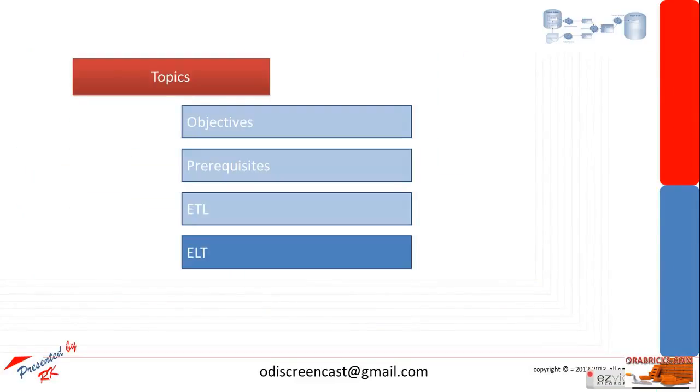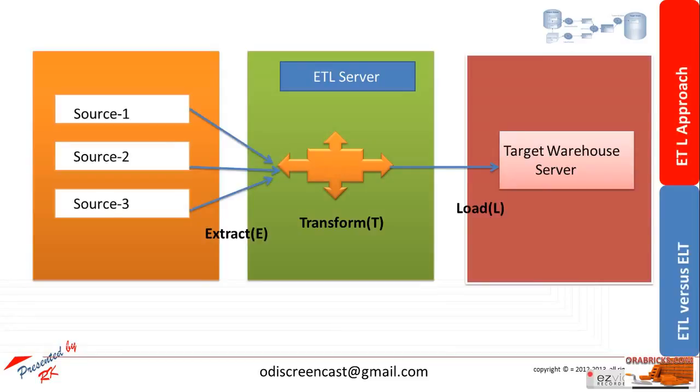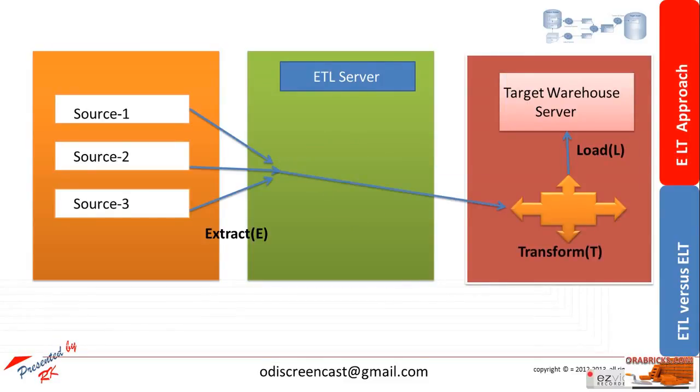So let's talk about the ELT approach to build the data warehouse. In the ELT approach, there is no need for a middle tier server, so the data transformations are entirely taken care of by your target warehouse server.